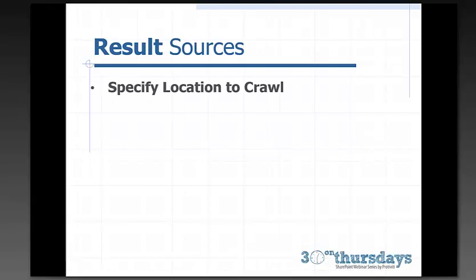The result sources can be specified to a specific location for crawling. So you could say my result source is everything that you've crawled that matches a specific URL or location within the SharePoint infrastructure, or outside, because it could be Exchange, it could be Domino, Lotus Notes, it could be an NTFS file share, but a specific location that can be targeted.